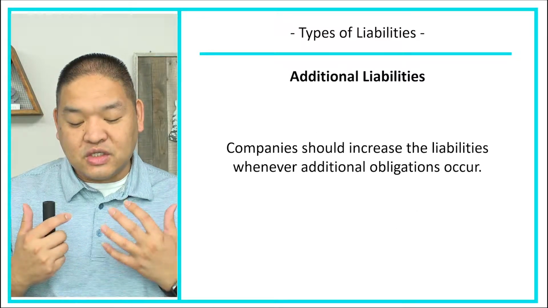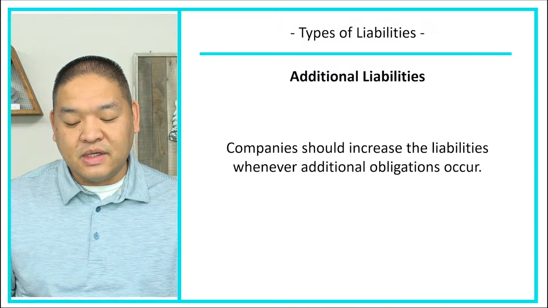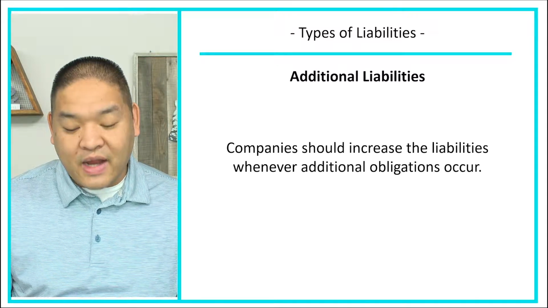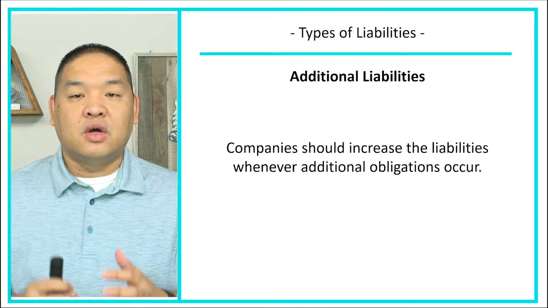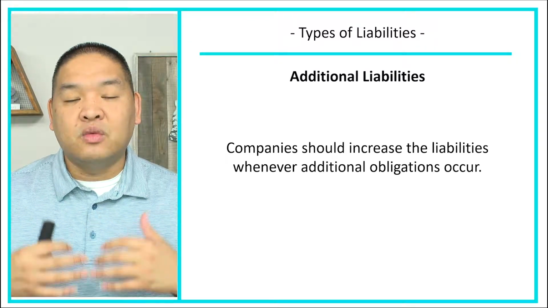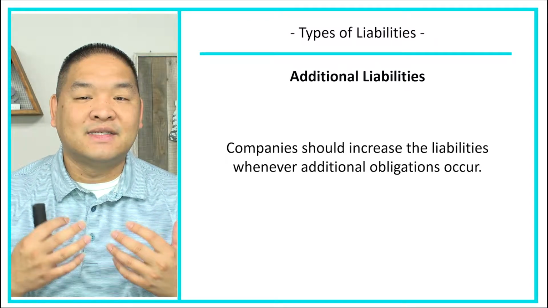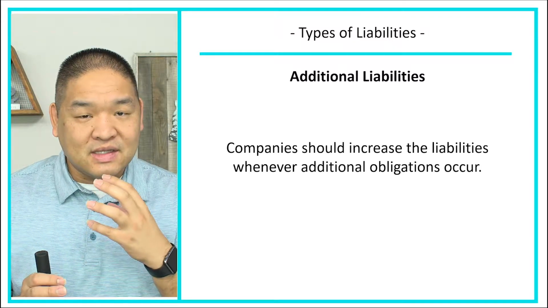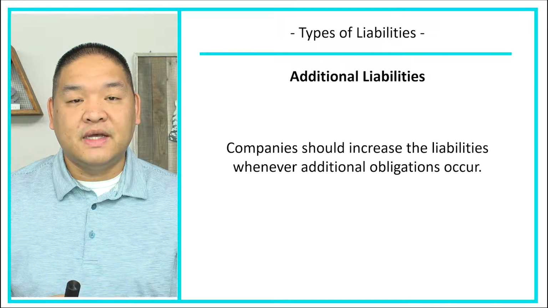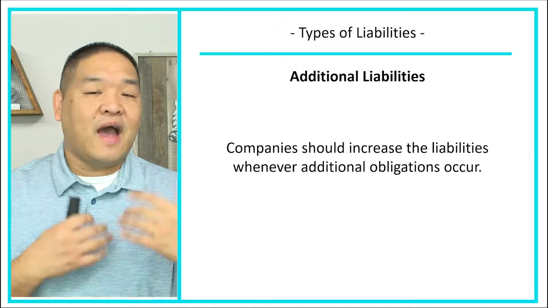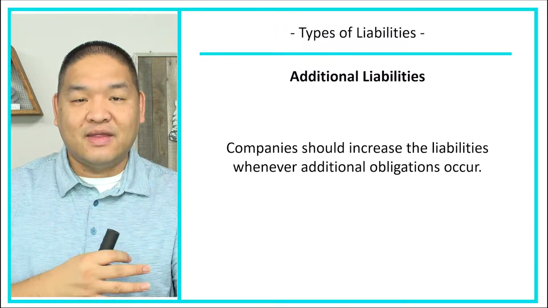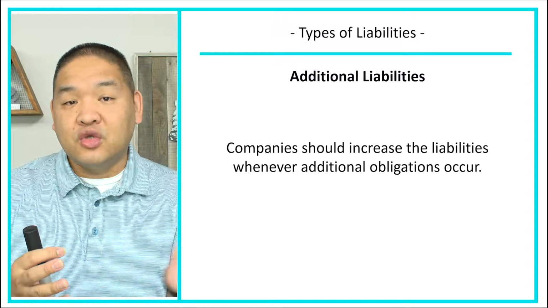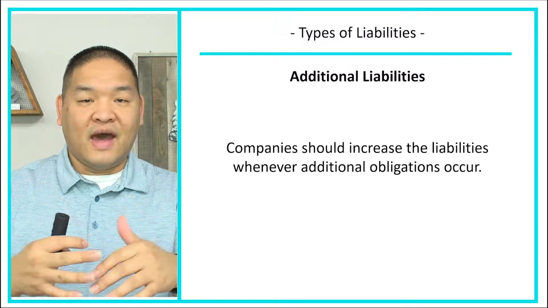Additional things that you should think about is that companies should increase liabilities whenever additional obligations occur. Obviously, if we take on more debt, we should increase our liabilities as they are incurred. The reason we're making a statement on that is because generally we have a liability initially and that's what we book, but then we start to accrue other liabilities, and we should add those as well.